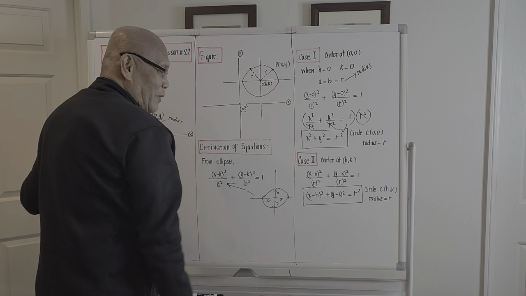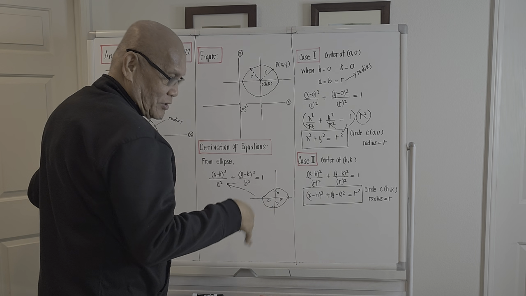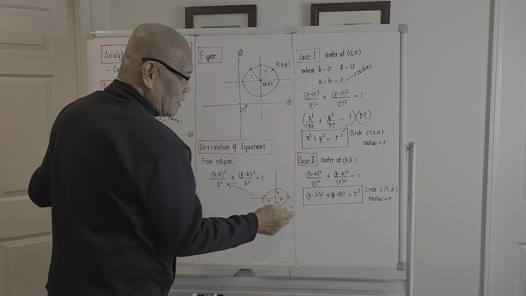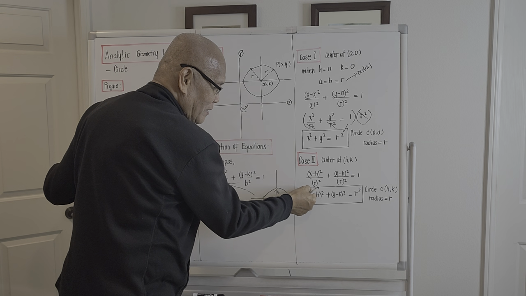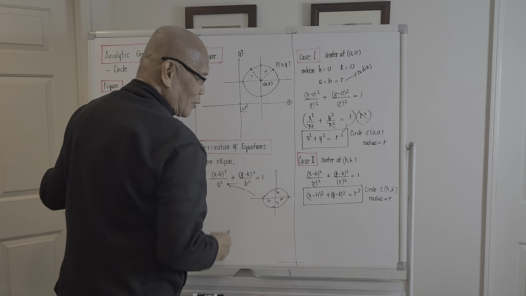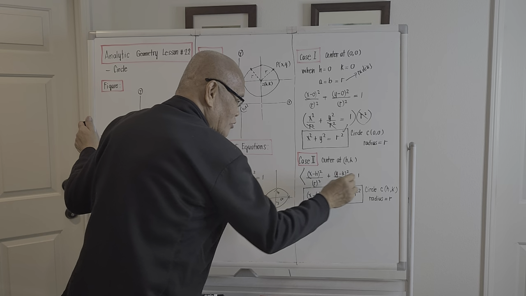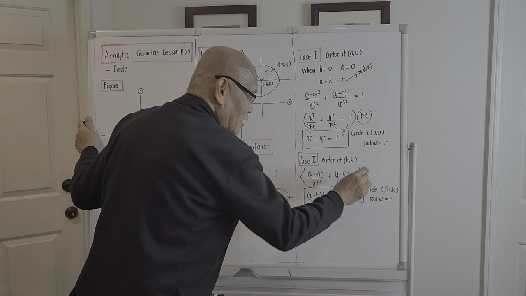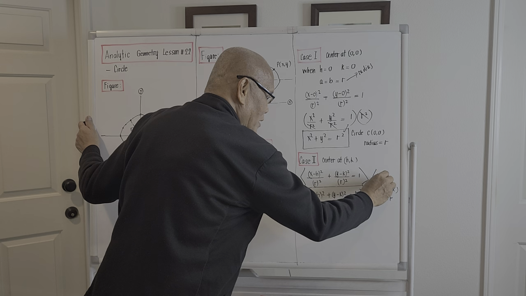For the numerators, for the meantime, we will not expand it as it is. So it will become x minus h quantity squared over r squared plus y minus k quantity squared over r squared, and they should be equal to 1. And again, to get the final equation for the equation of a circle with center at h, k, we will multiply all the terms by r squared.